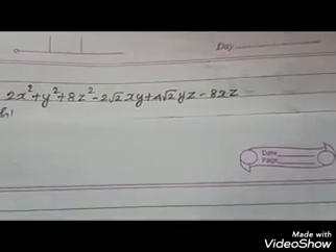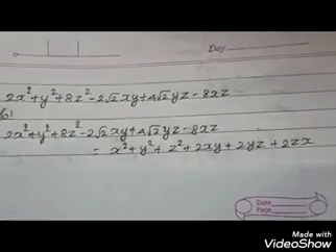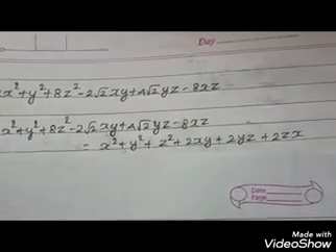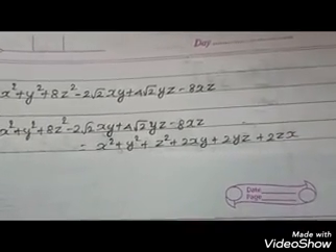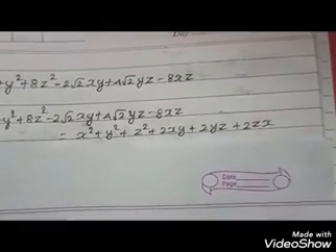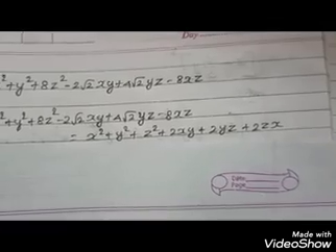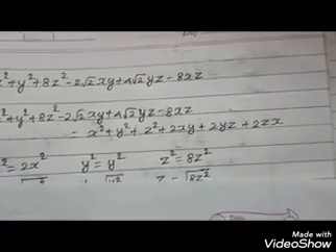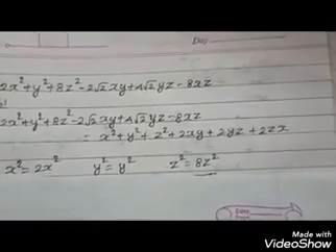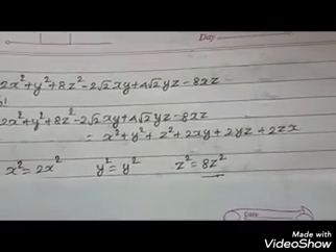So this is the identity, which is equal to x square plus y square plus z square plus 2xy plus 2yz plus 2zx. So what is the short form, what is the factorization? Before that we need to compare the values of x square, y square and z square.